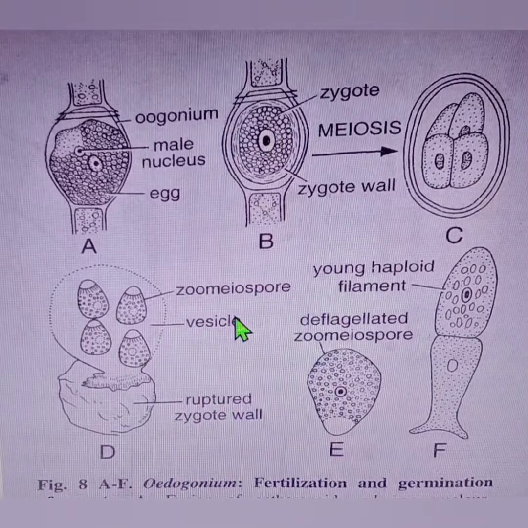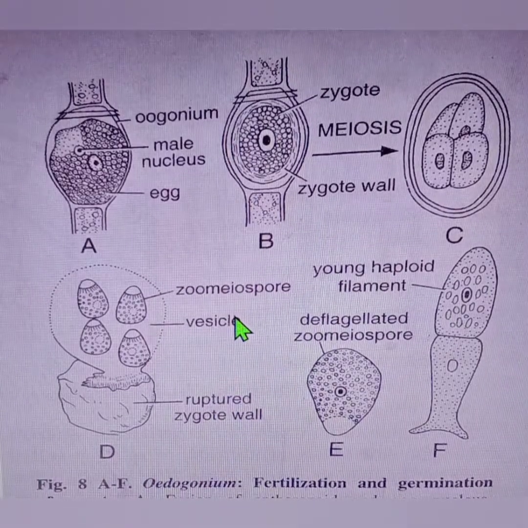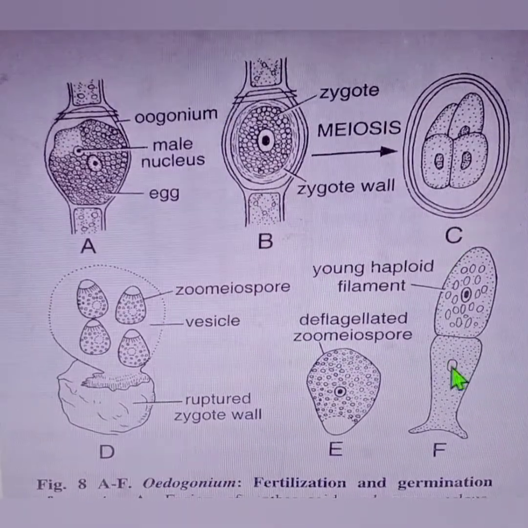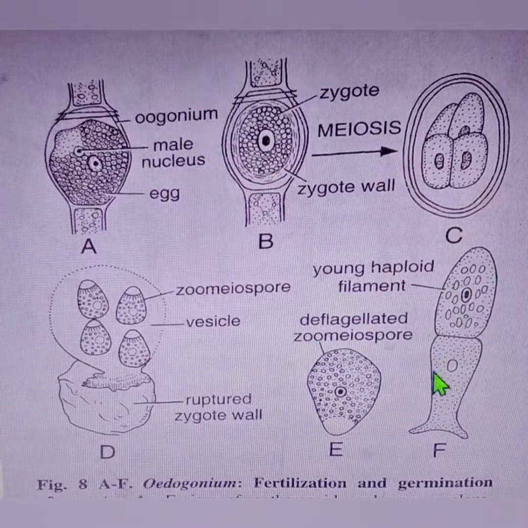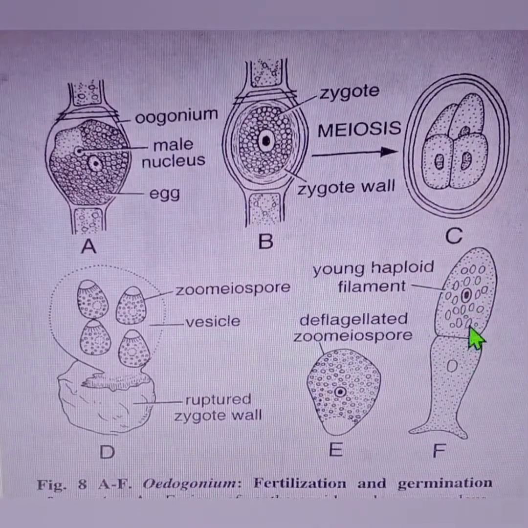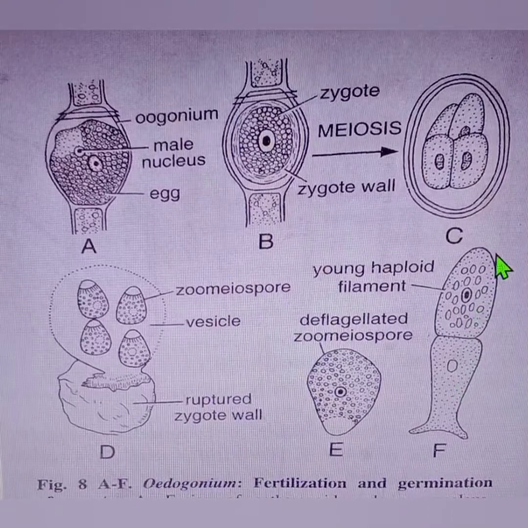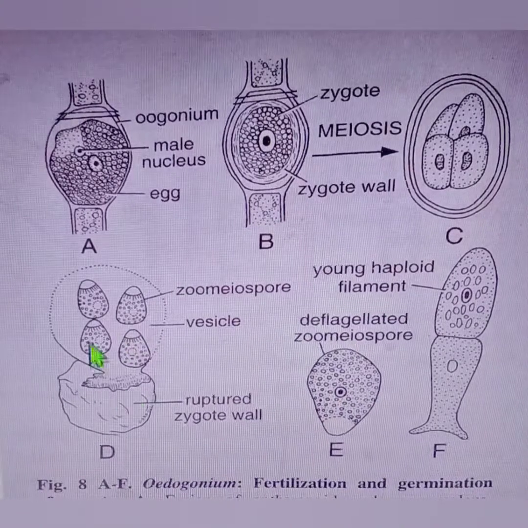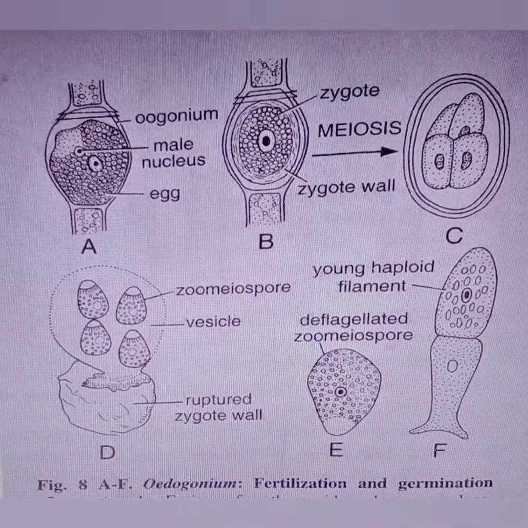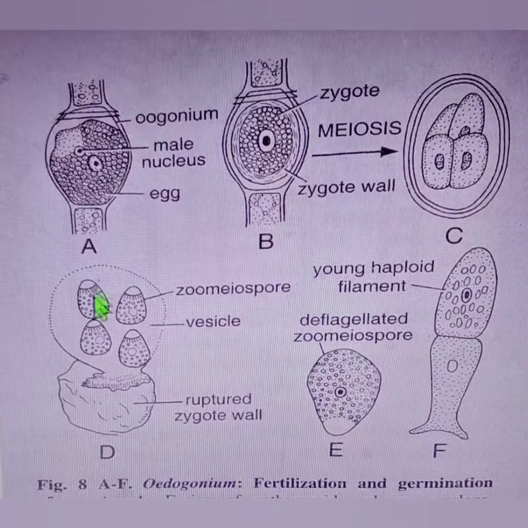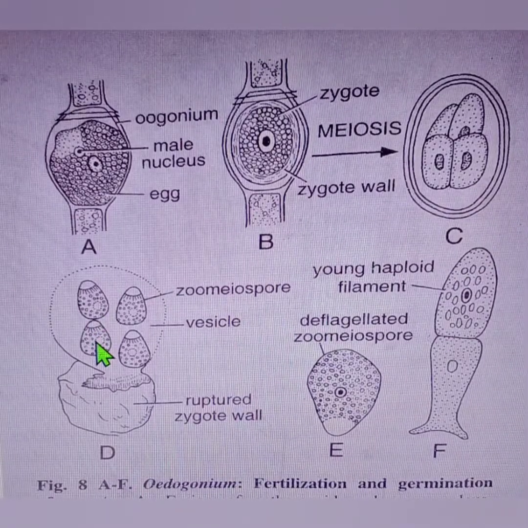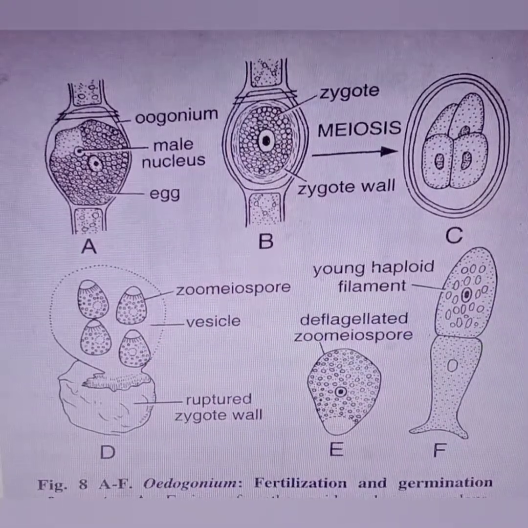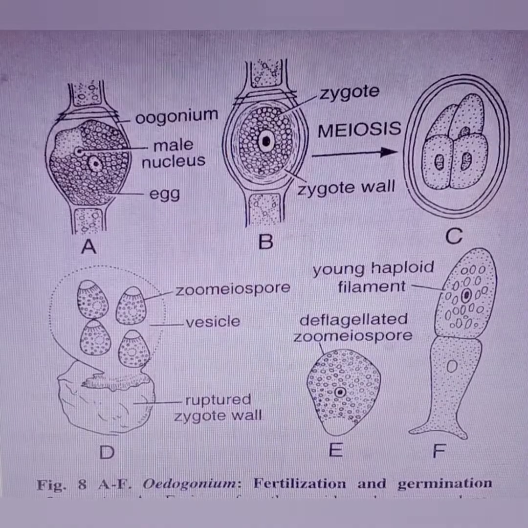But in the case of monoecious, where both the male and the female are borne on the same filament, they will just give rise to a young haploid filament, and later on the male and the female will develop on the same filament. But here I am talking about the dioecious species, where the male and female are borne on different filaments. So just remember, 2 of these zoospores will give rise to a male filament, and 2 of the zoospores will give rise to the female filament.